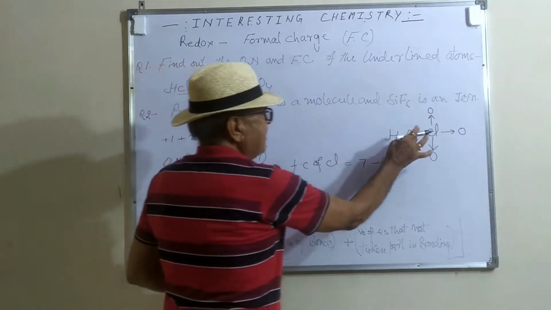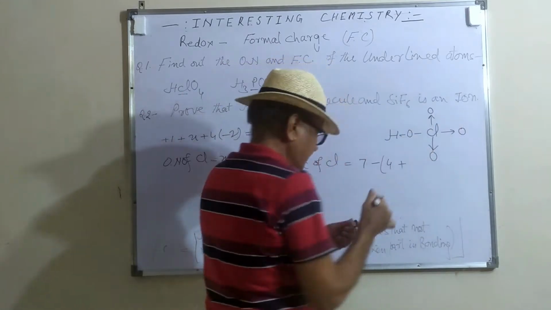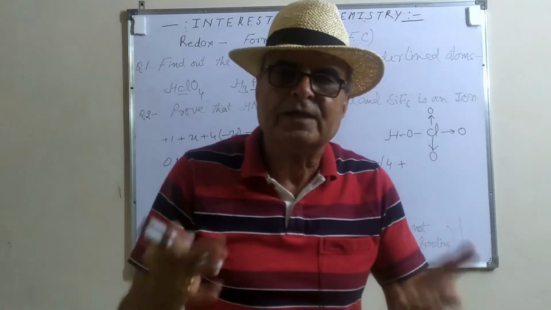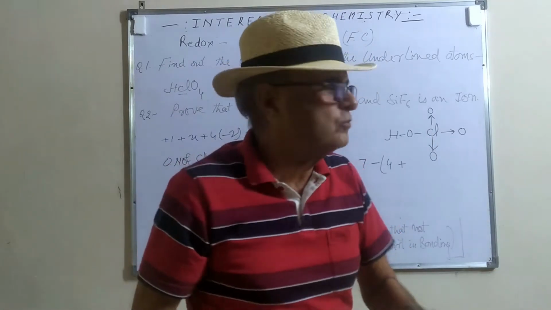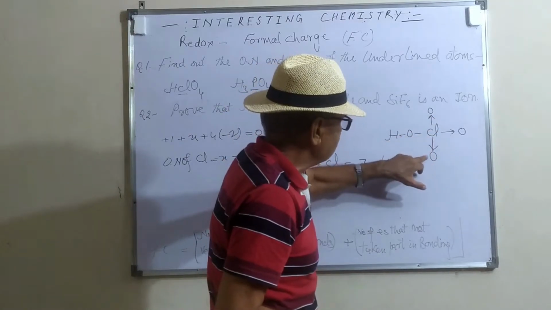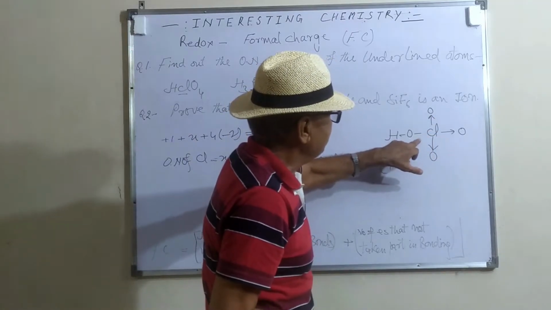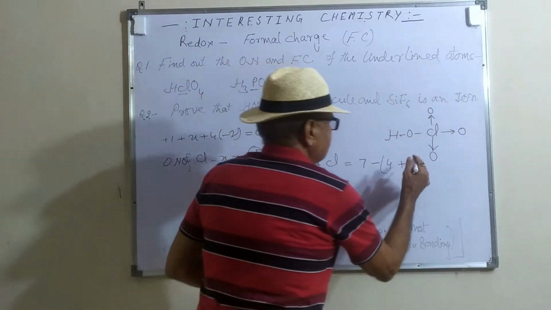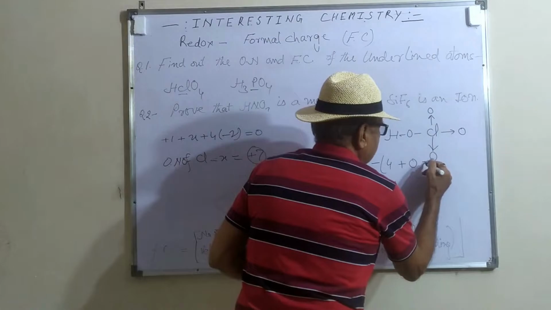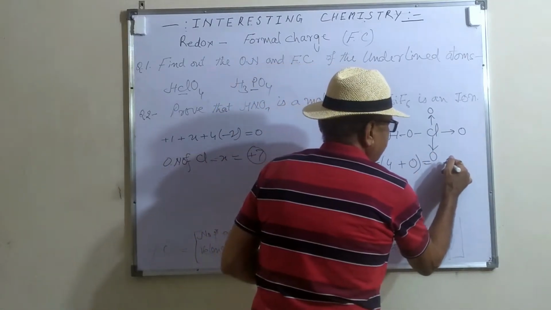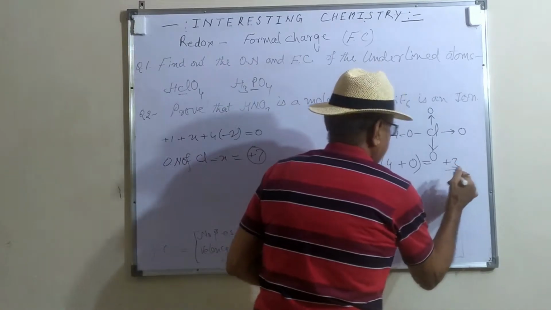Is there any electron around chlorine that hasn't taken part in bonding? There are 7 electrons, so 2 electrons donated here, 2 here, 2 here, and this one; so it is 0. Here 7 minus 4 is equal to 3, so the formal charge is 3.